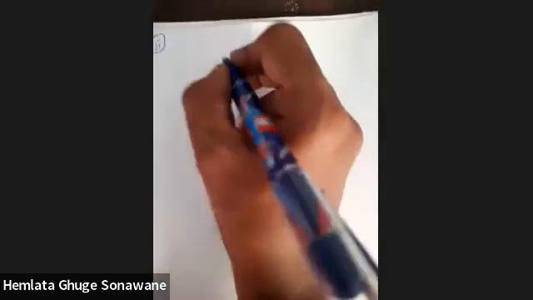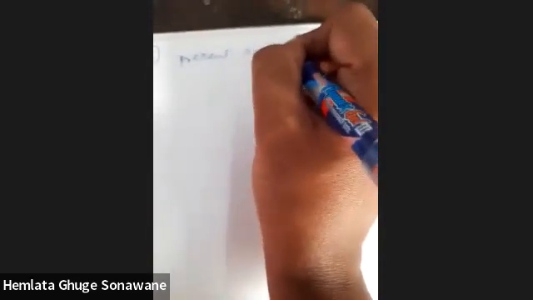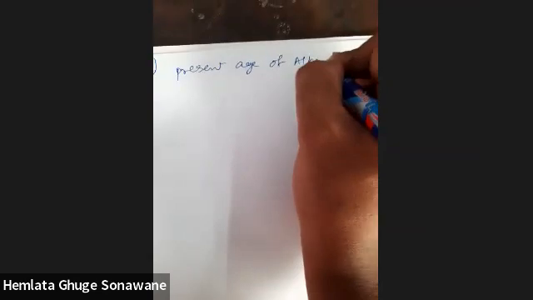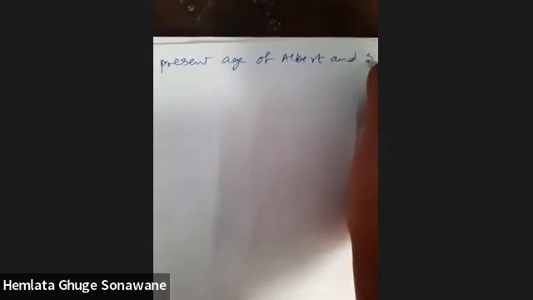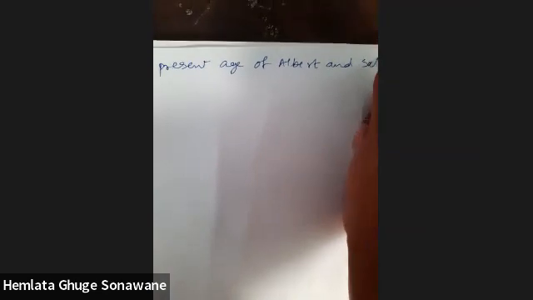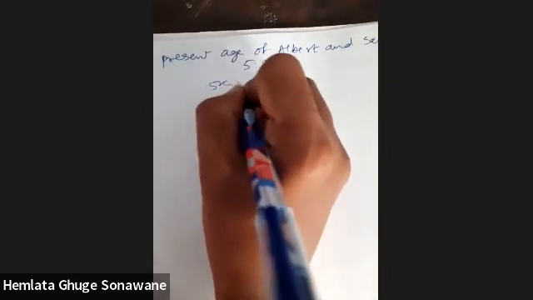Now the ratio of present ages is given, Albert and Salim as 5:9. We'll take the actual of their ratio, 5x and 9x.